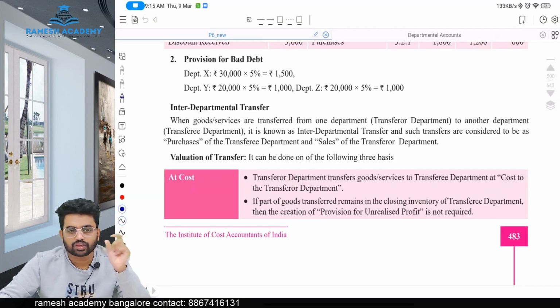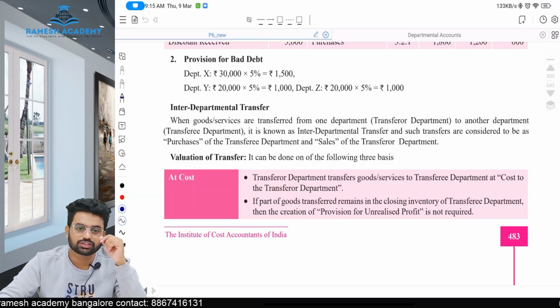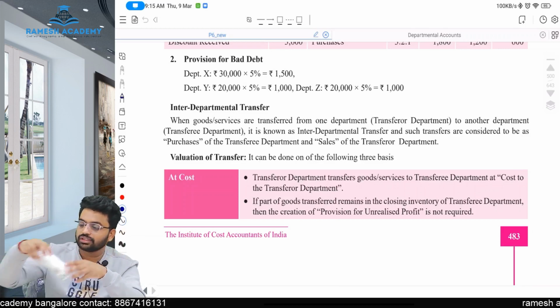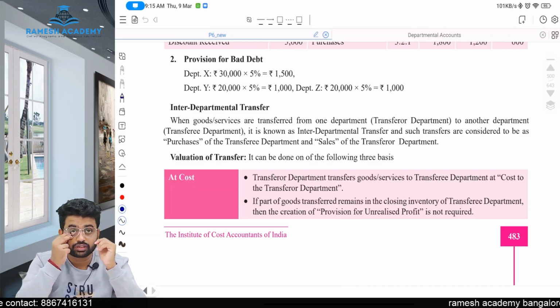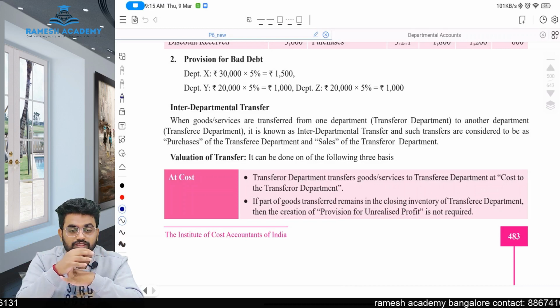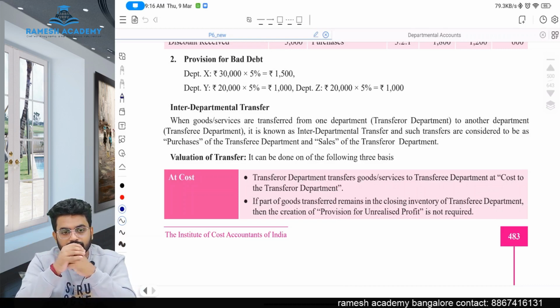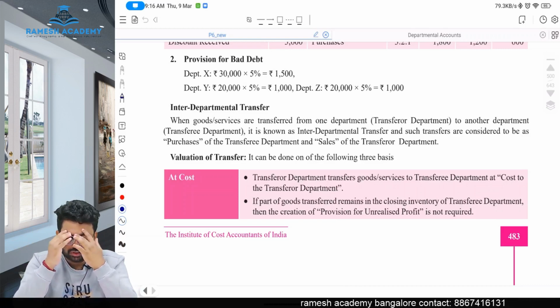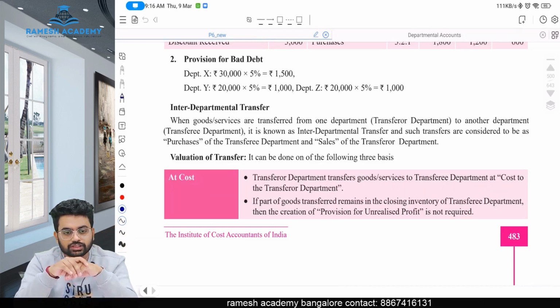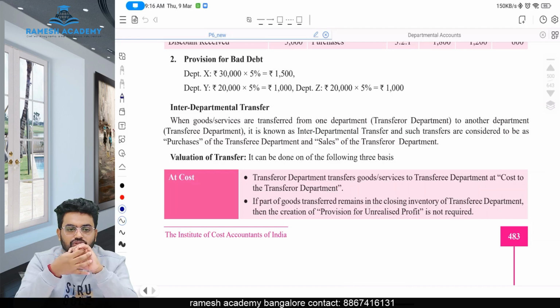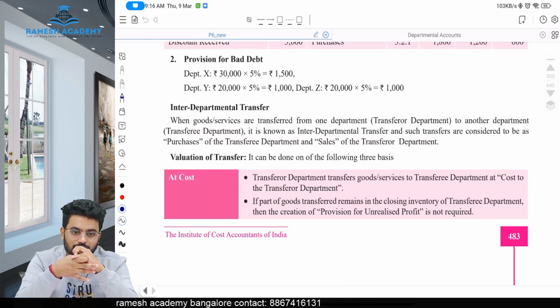There are certain expenses and incomes which cannot be allocated easily to different departments, like finance expenses, bank interest, bank charges, etc. For those, we will not allocate, just write off those expenses and incomes which cannot be allocated to the departments.